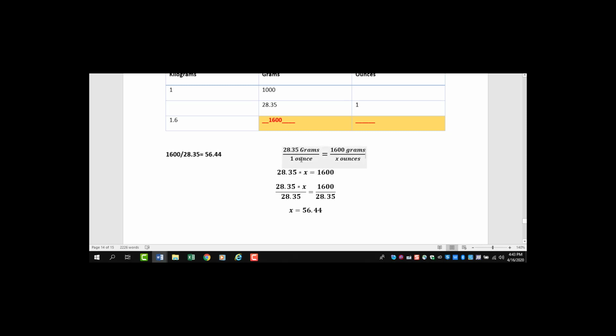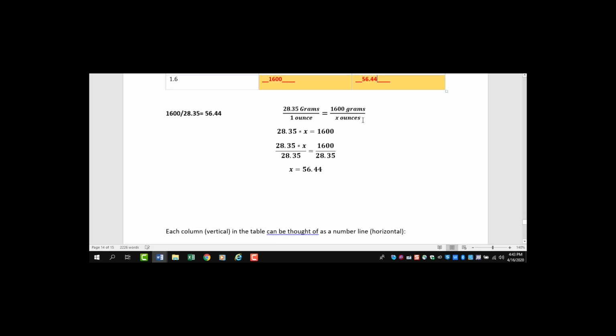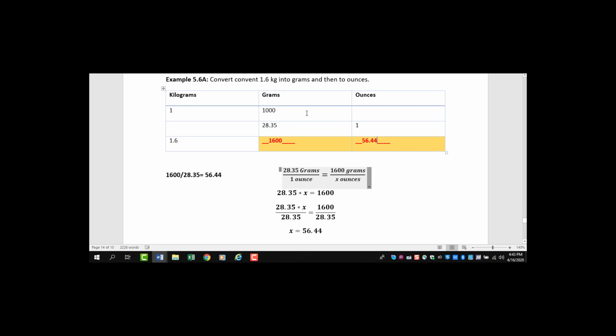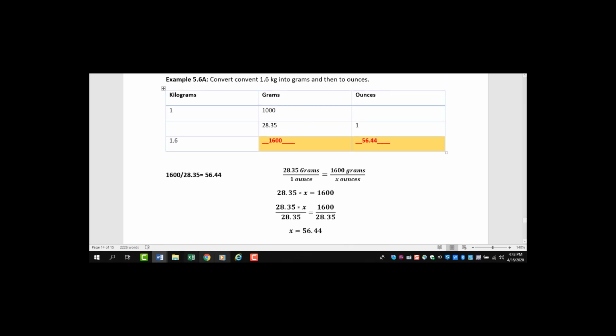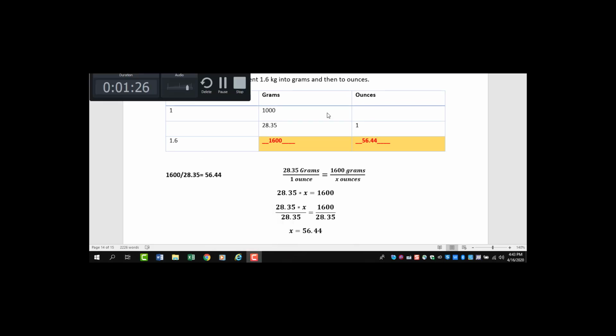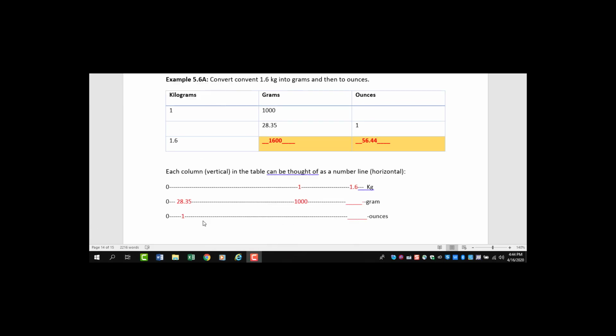So there is the way of doing it with the proportion. I did it more like an equivalent fraction, but here's the way you can still do it with the proportion and get the right answer. Now, Brian, I'm going to put these on a number line. Think about how I'm going to do that, okay? These are equivalent right here. 1 ounce is 28.35 grams.